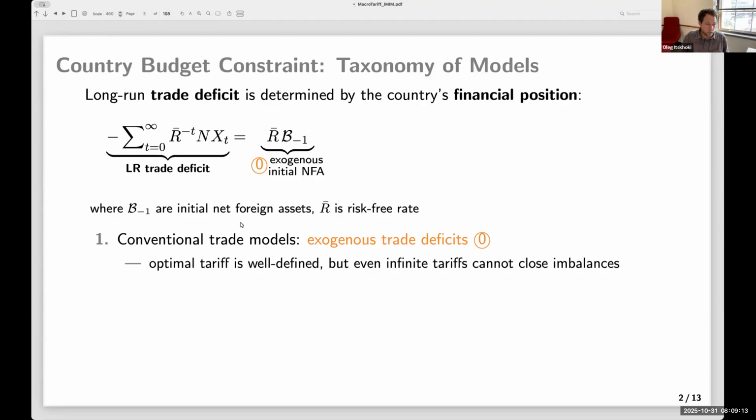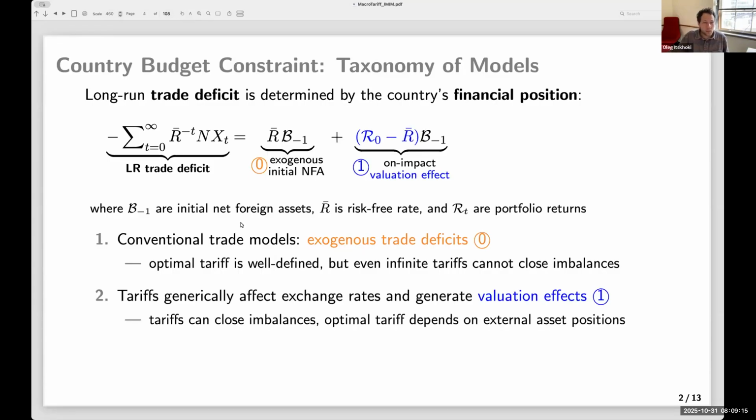But of course, most models of the world will actually have this term as well. So when you have a tariff, what will typically happen is that you will move asset prices, and one particular asset price is the exchange rate. And when you move the exchange rate, you systematically create valuation effects on your foreign assets and foreign liabilities, and this is basically this term.